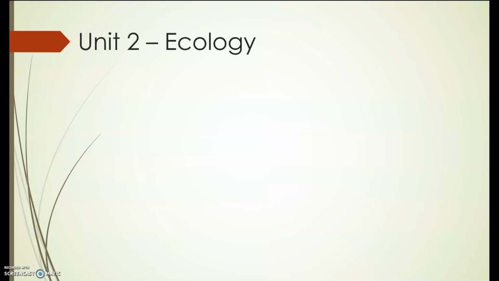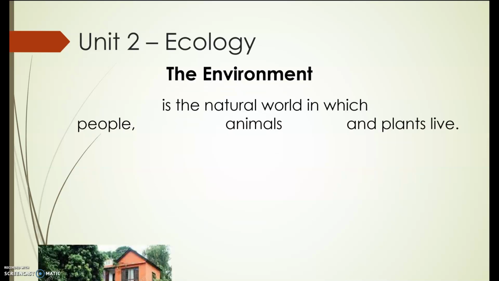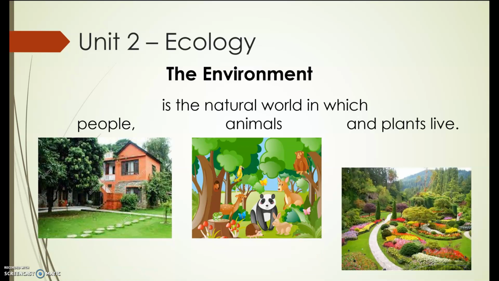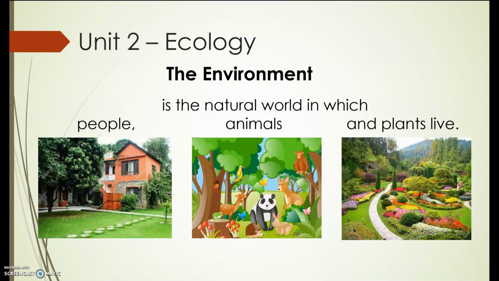Now let's talk about our lesson for today, which is in Unit 2, Ecology. If you have your books with you, please get your books and turn to page 17. Let's begin. The environment is the natural world in which people, animals, and plants live.